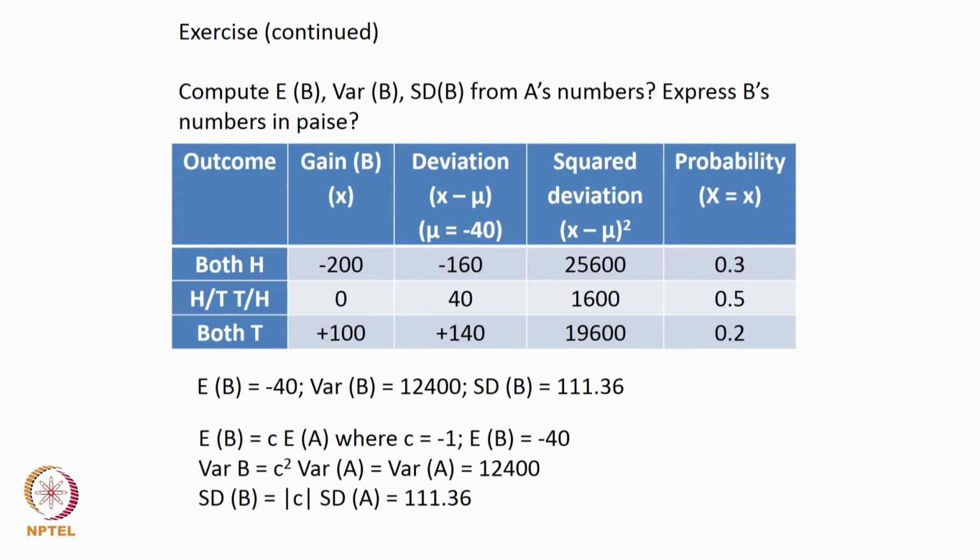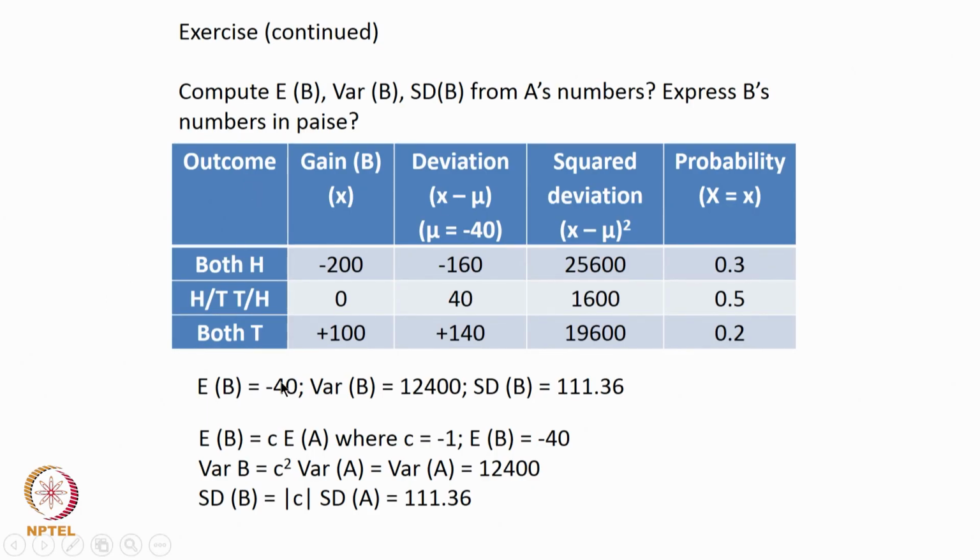From the earlier relationships we saw that E of B is equal to C times E of A. Now, C is minus 1, because what is A's gain is B's loss, and what is A's loss is B's gain. Therefore, if E of A is 40, E of B is C times expected value of A, minus 1 into 40, which is minus 40, which is what we computed here.